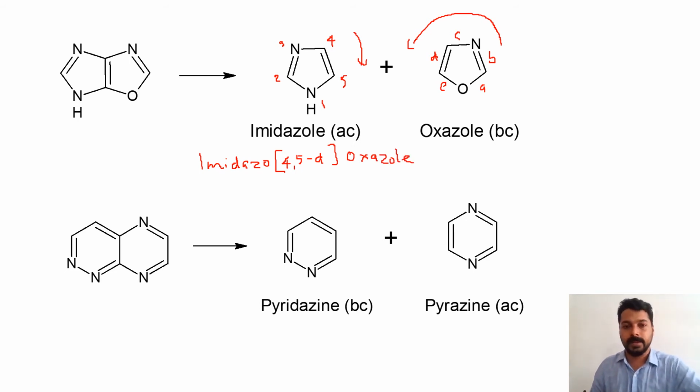Okay. Another example, I've taken a combination of pyridazine, that is 1,2-diazine, as well as pyrazine, 1,4-diazine. So the lowest locant will be the base component. So pyridazine will become the base component, and you can see here the numbering will have to be in this way. 1.